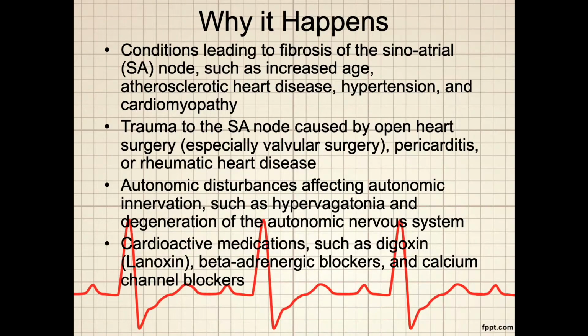Conditions leading to the fibrosis of the SA node include increased age, atherosclerotic heart disease, hypertension, and cardiomyopathy. Trauma to the SA node caused by open heart surgery, especially valvular surgery, pericarditis, and rheumatic heart disease are also known causes of sick sinus syndrome, as well as autonomic disturbances affecting autonomic innervation, such as hypervagotonia and degeneration of the autonomic nervous system.